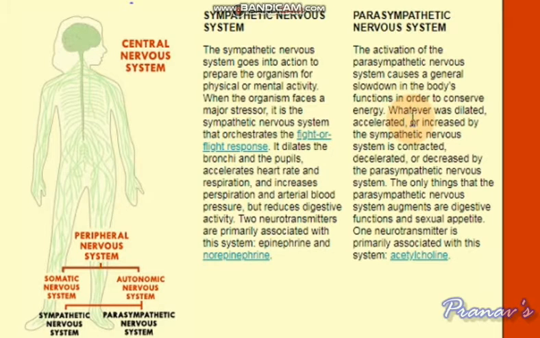And the parasympathetic nervous system decelerates all these things. Whatever was dilated, accelerated or increased by the sympathetic nervous system is contracted, decelerated or decreased by the parasympathetic nervous system. It only increases the digestive function and the sexual appetite.